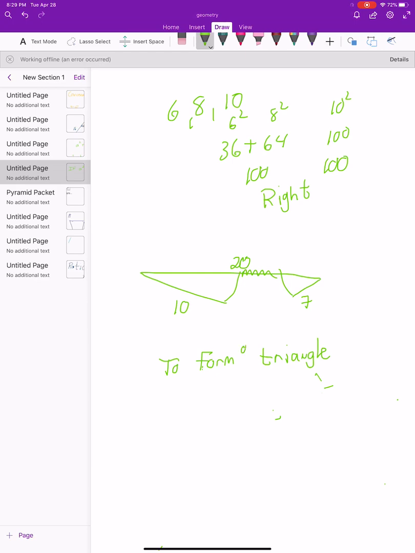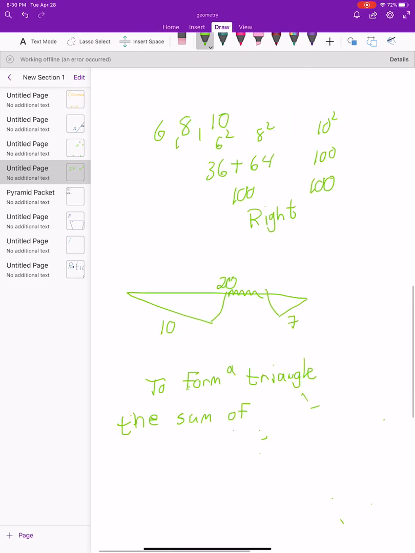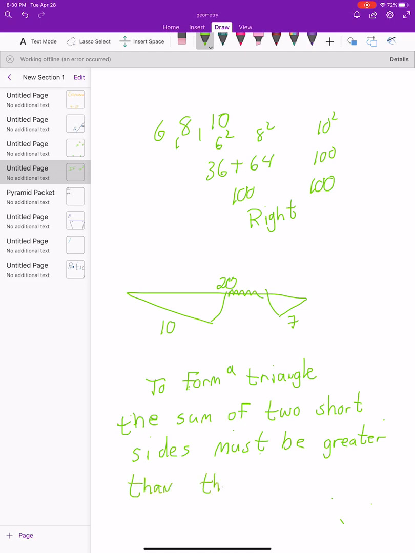To form a triangle, these two short sides, so I'm going to say the sum of the two short sides has to be greater, must be greater than the largest side.